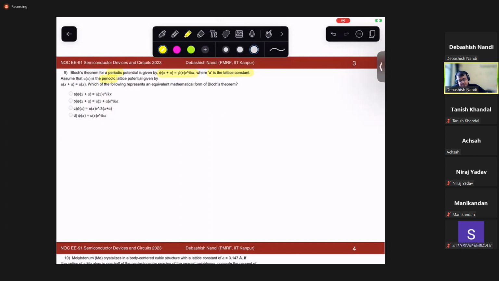It is pretty simple and straightforward, but I want to mention some critical aspect to it. So what is this U? Can anyone tell me what this U is that we are talking about? Suppose this is your crystal locations.